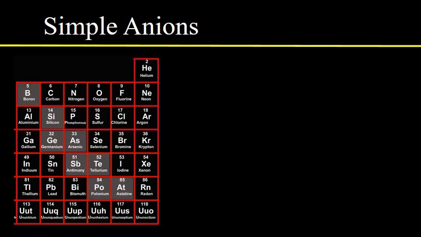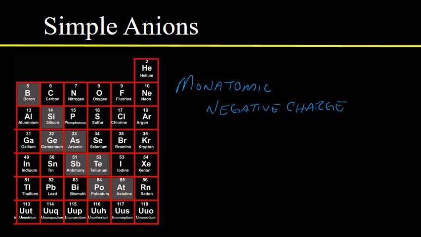Okay, so the first ones, which are pretty easy, are the simple ions. And as I suggested on the last slide, simple anions are monatomic, right?